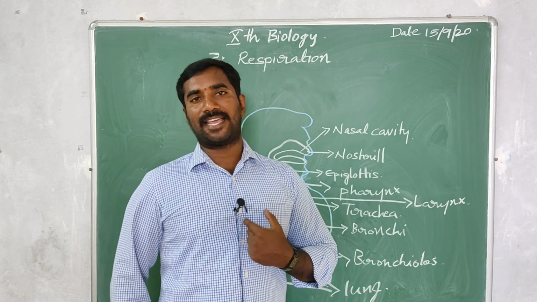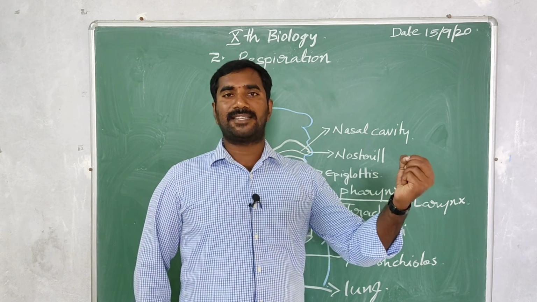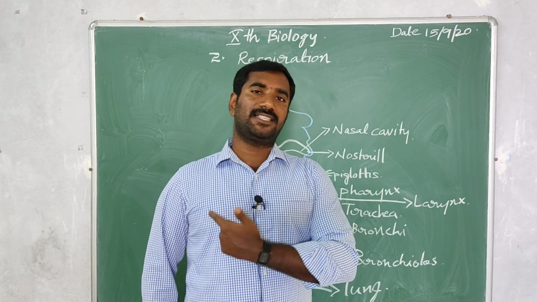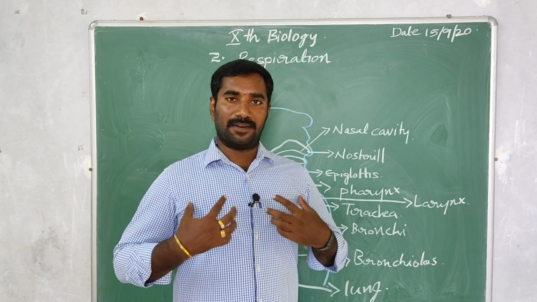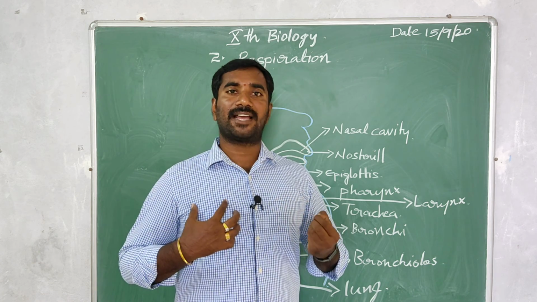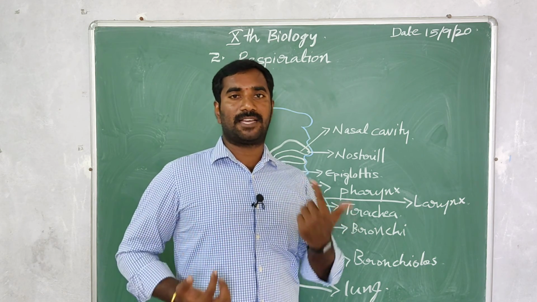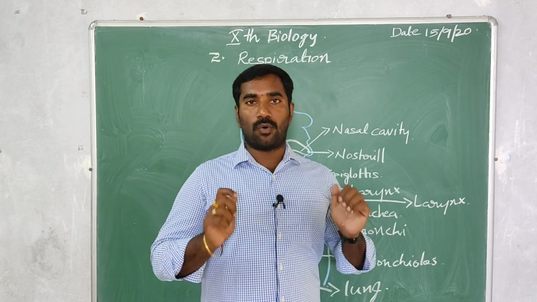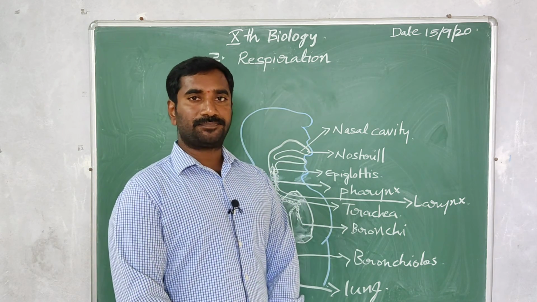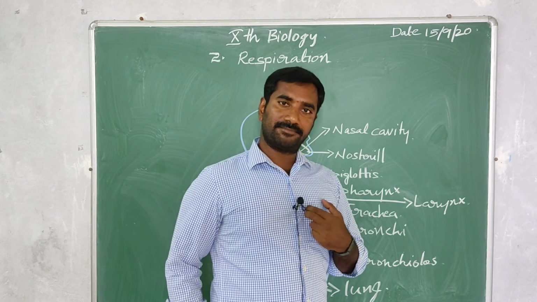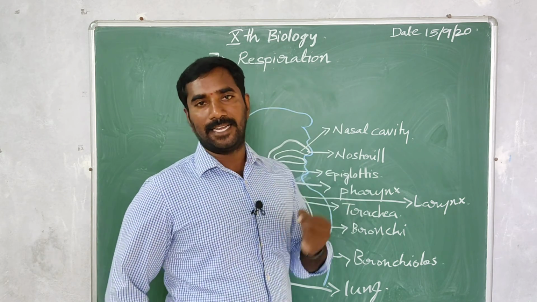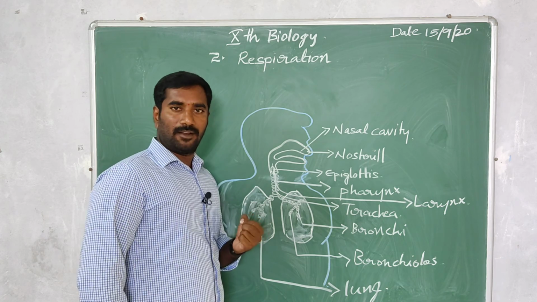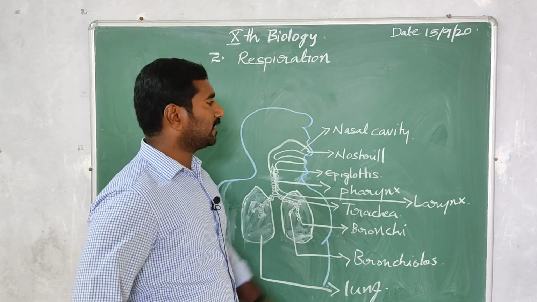So the left lung is a little smaller when we compare it with the right lung. What is the reason behind that? The heart is located on the left side of the body, so the left lung is a little smaller.